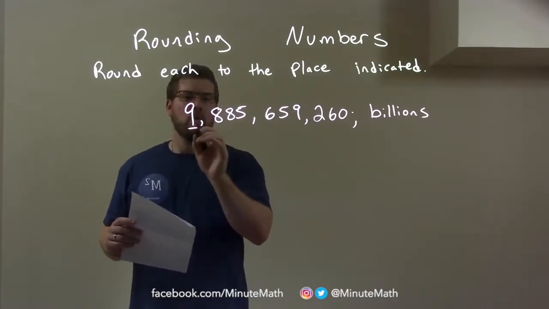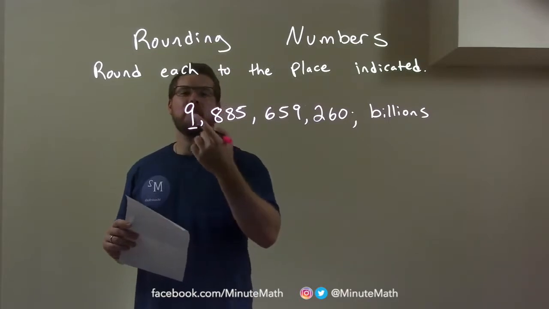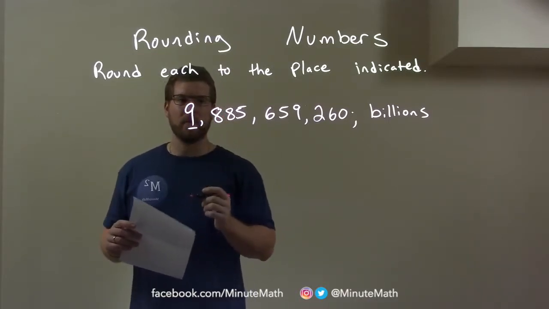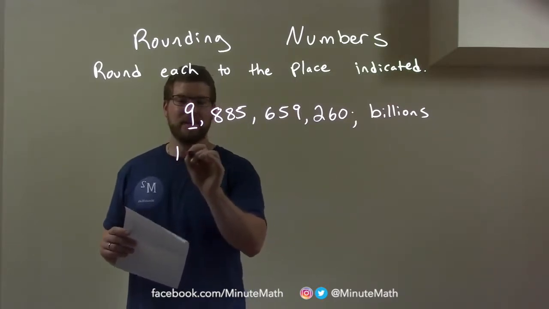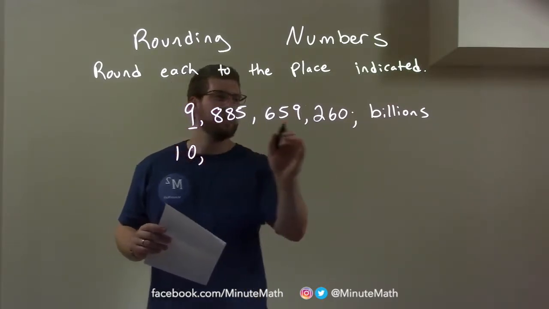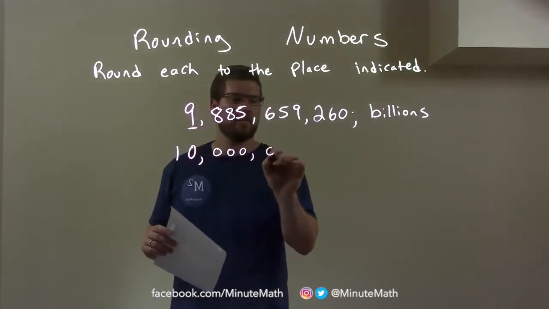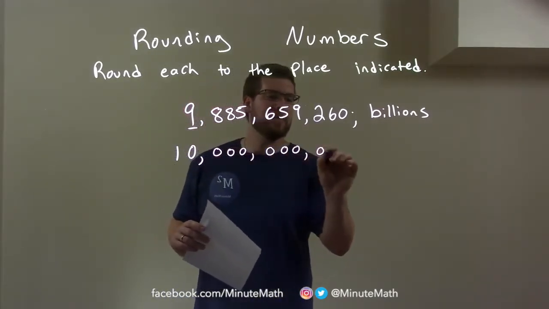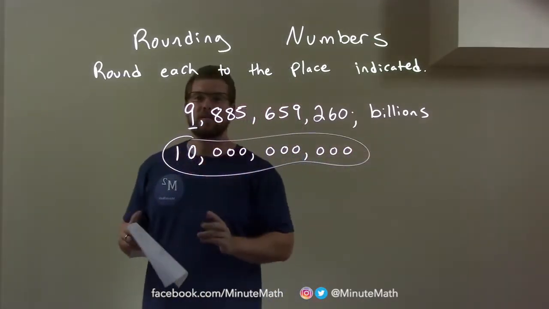Well, we look to the right. That 8 is between 5 and 9, causing this to round up. So as we're rounding up, 1 up from 9 is a 10. So we actually have a 10 here. Then the rest of these numbers become 0. And so 10 billion is our final answer.